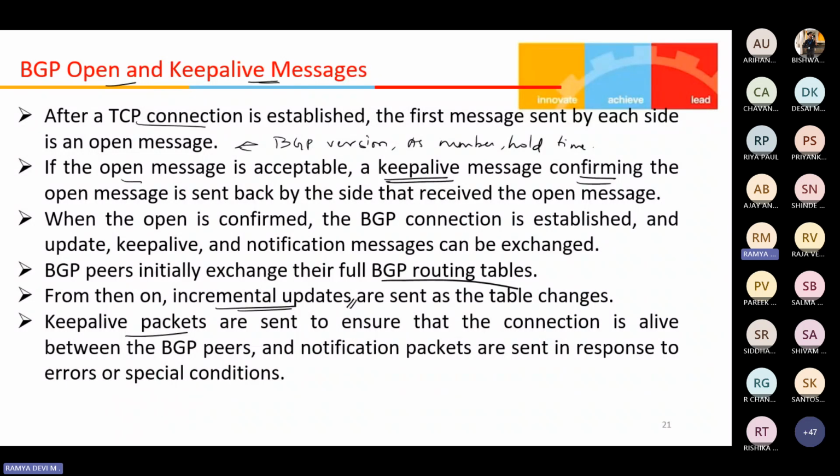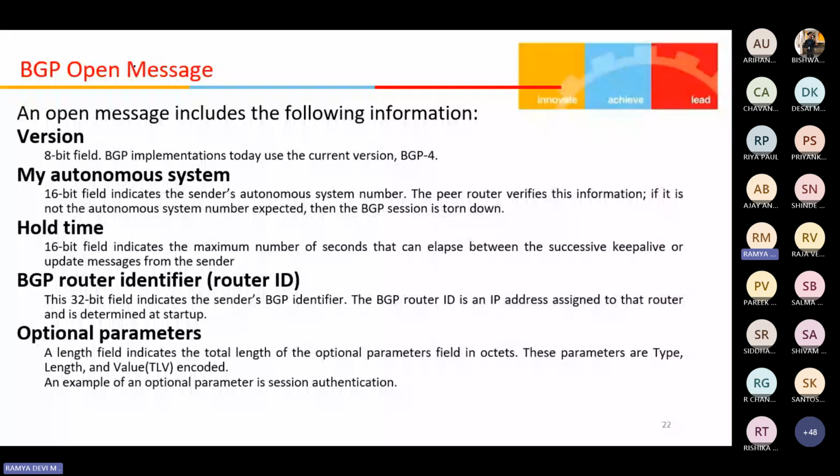What is periodic? Periodically, they send keep alive messages. Keep alive messages are like hello packets in an IGP. In the same way, keep alive packets are shared to confirm the BGP connection is still alive.